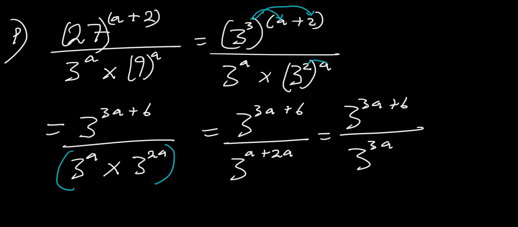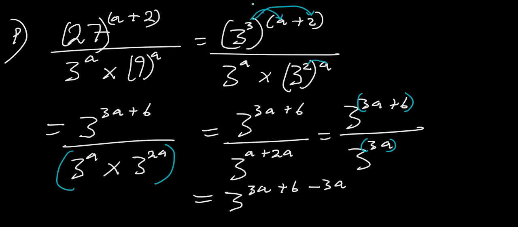So at this point, we have to apply the division rule. So we have 3a, the exponent of the denominator. We are going to subtract that from the exponent of the numerator, which is 3a plus 6. So when we do that, this will become 3 exponent 3a plus 6 minus 3a.